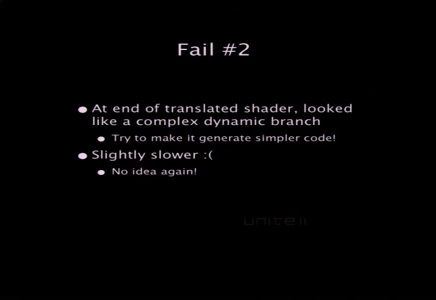It looks like a complex dynamic branch with if something then something. I try to use a lerp or something to get rid of that if, but then again it's slower. Why? No idea again, because at that point the shader tool from PowerVR, which tells how many cycles for each line of the shader, was crashing on the shader, so there was no information of why.